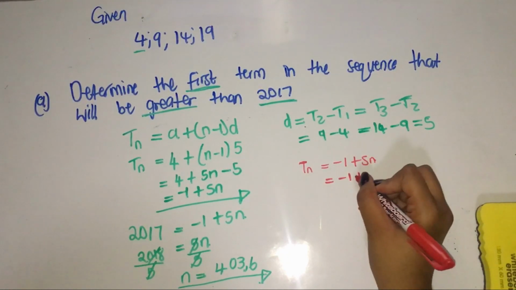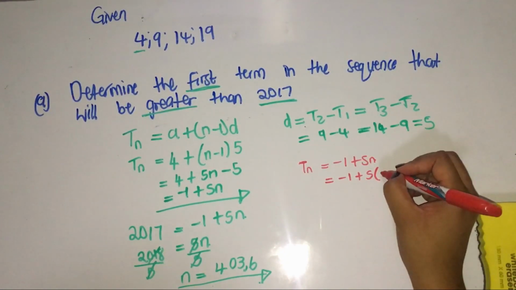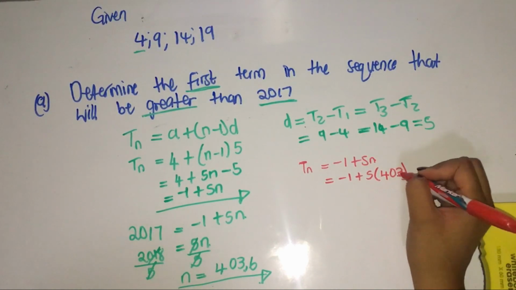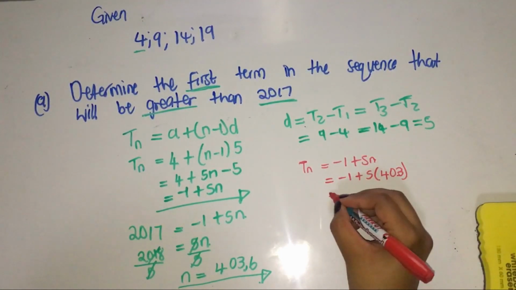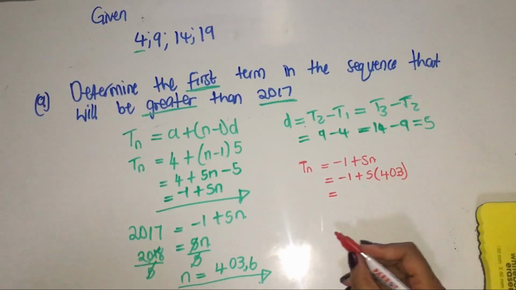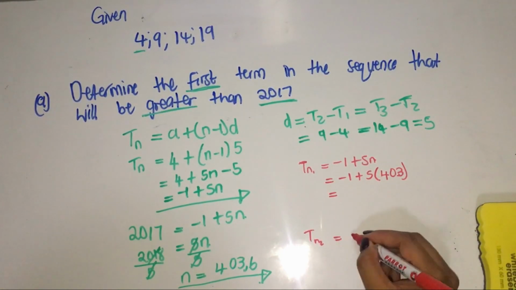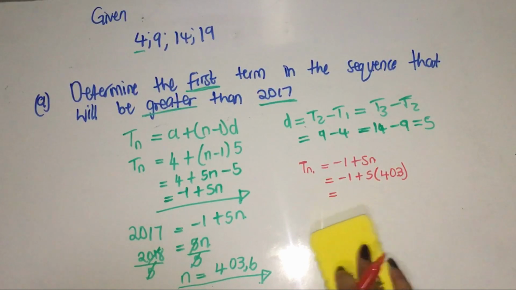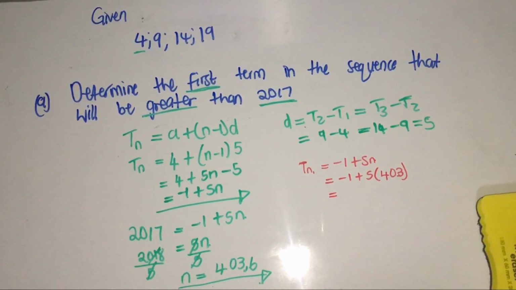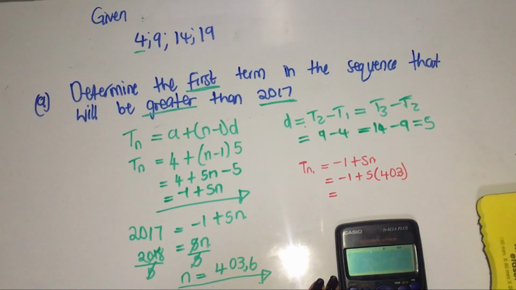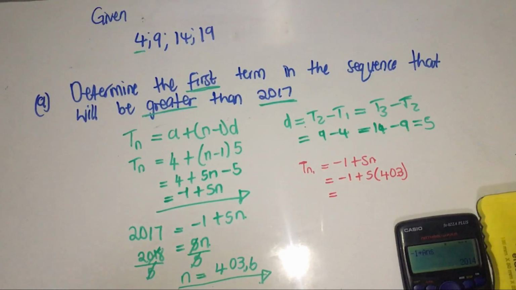Okay, so negative 1 plus 5, substitute by 403. Let's just start with one substitution and then we'll see. All right, so 5 multiplied by 403, we get 2015. Negative 1 plus our answer, which is 2014. All right, so we get 2014.